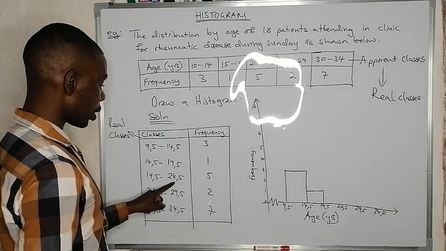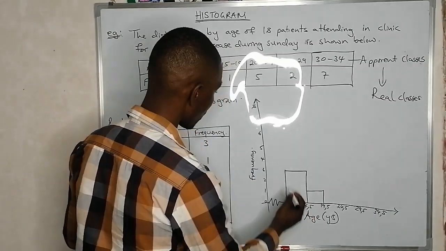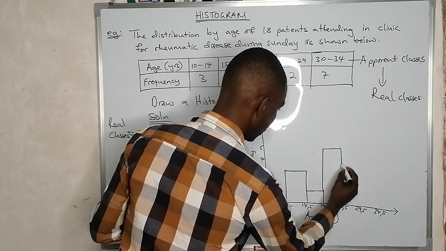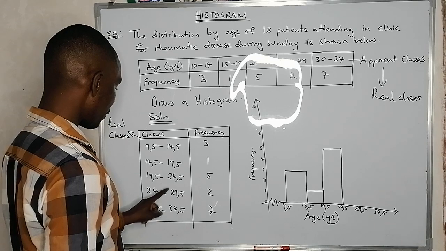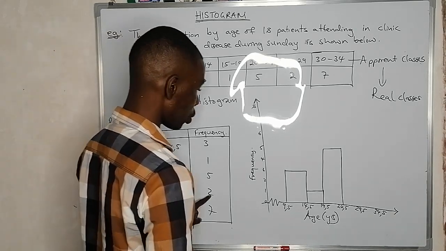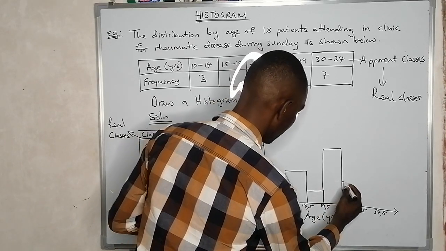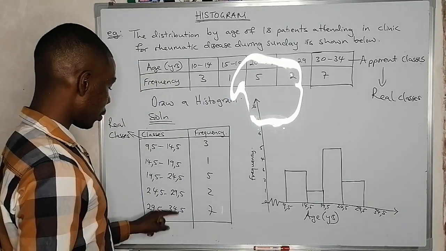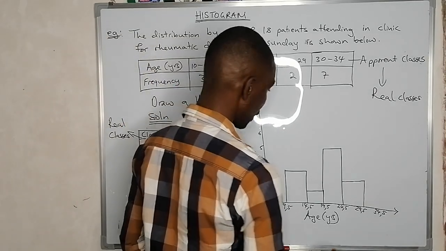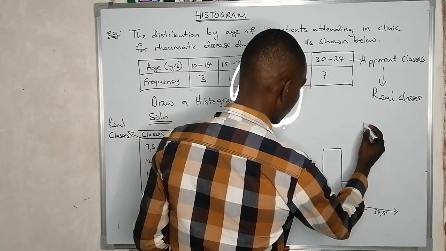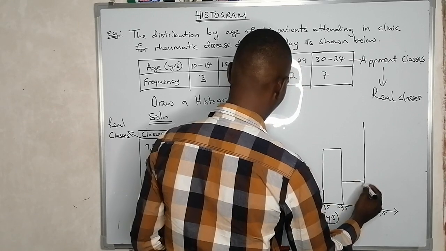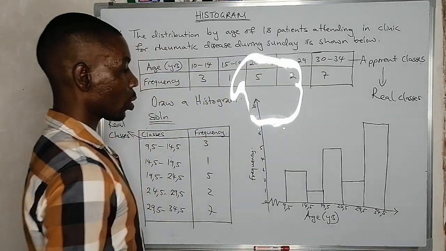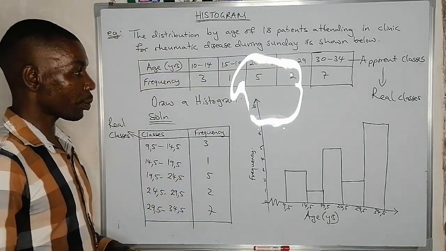From 19.5 to 24.5, we have 5 units. From 24.5 to 29.5, we have 2 units. Then last, from 29.5 to 34.5, we have 7 units. Right, so this is how we plot a histogram.